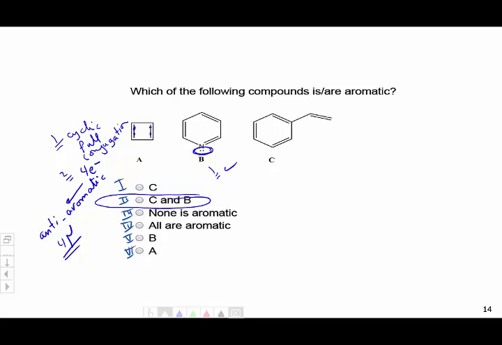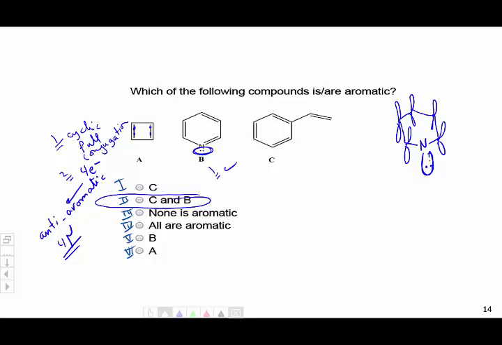Because they are sitting in a p orbital that is perpendicular to the p orbitals of the pi system. So physically they are in different planes.